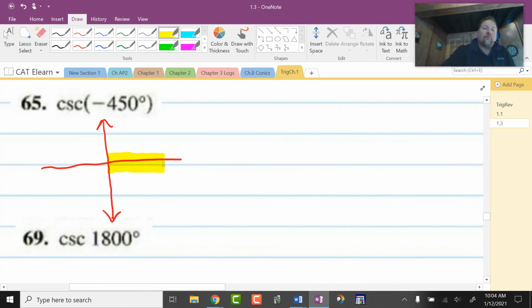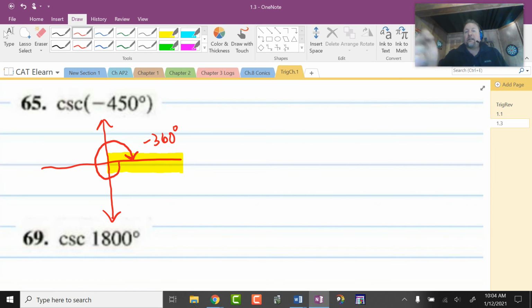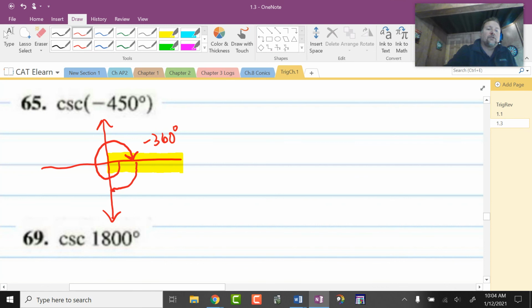So remember that from last Friday. Negative 450 means I have to go this direction, clockwise. I'm stopping here so that you understand I've already gone negative 360. I've done my first full circle donut in the parking lot. Mathematically, what's left over? Again, for purposes of time, just another negative 90.